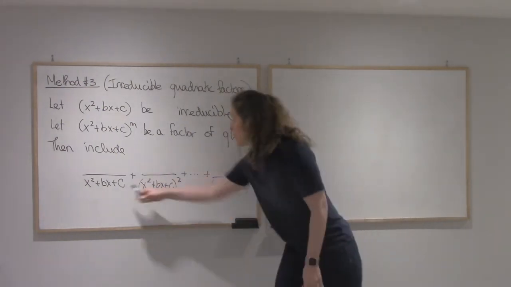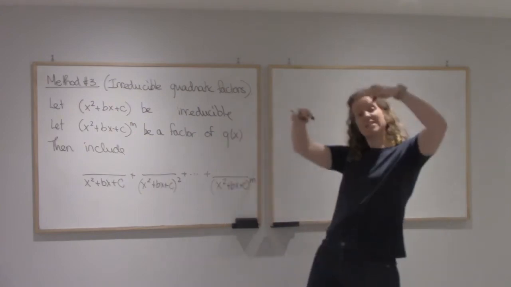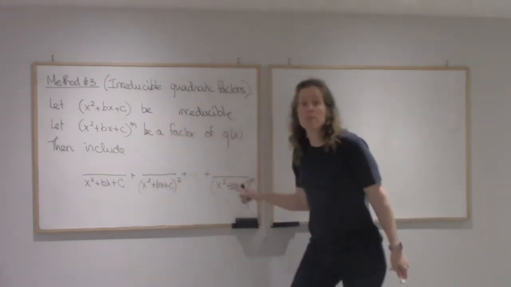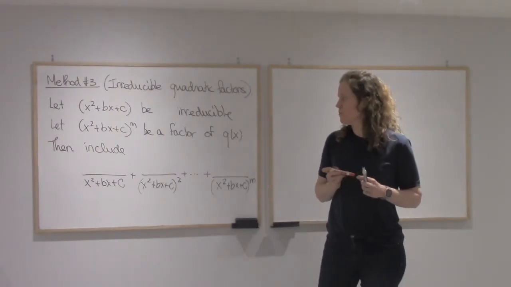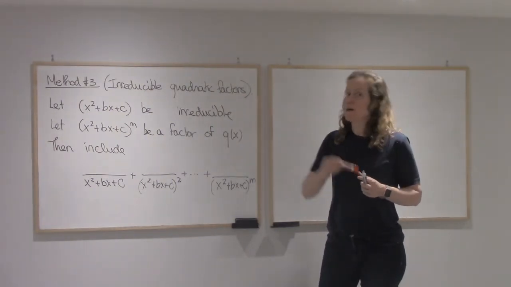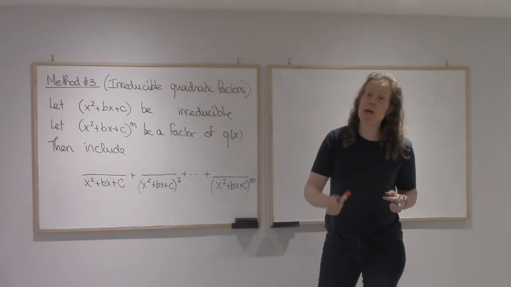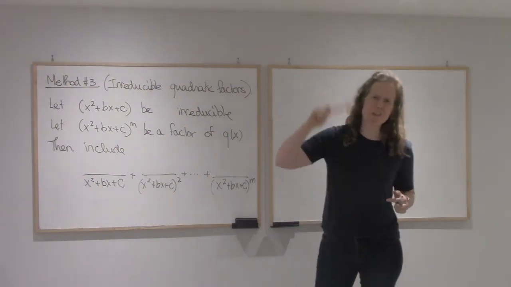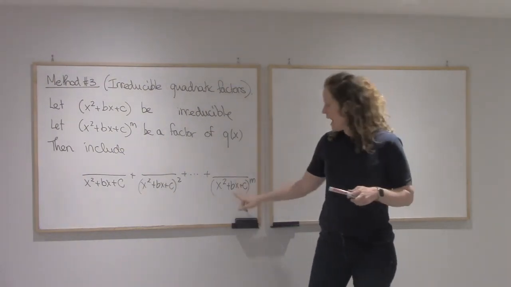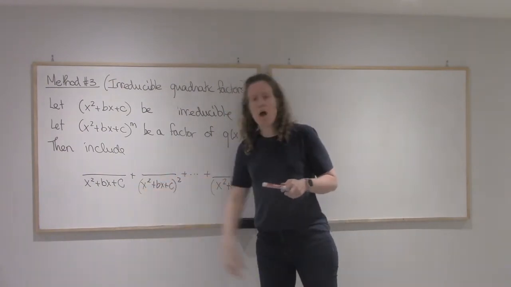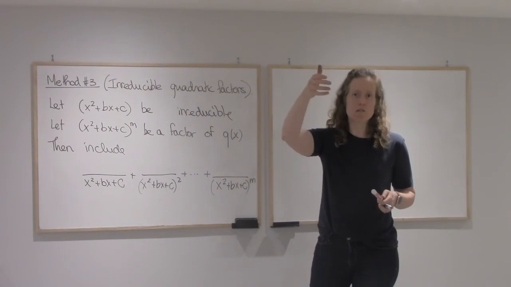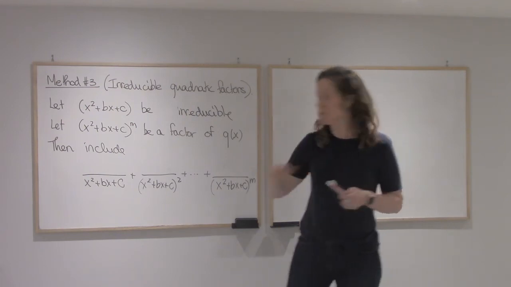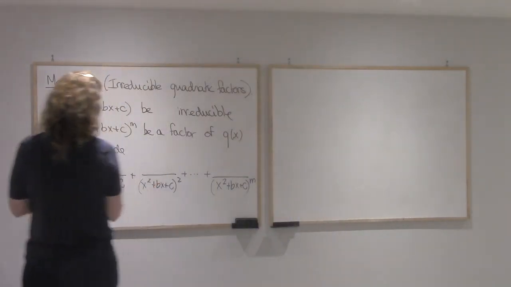And you should include them with increasing power until you reach the one that's in your factorization. Now, where this is different than method 2 is with the top. I have a quadratic factor, and so the top is not going to be a constant, it's going to be linear. So 1 degree less than your factor.